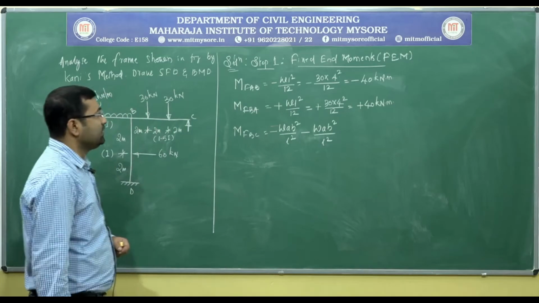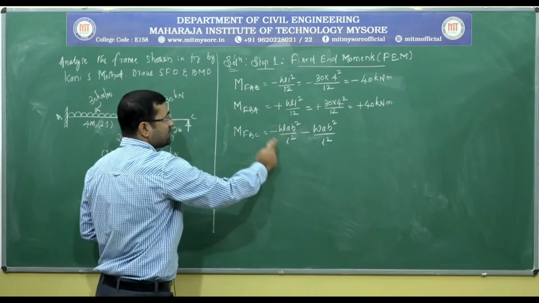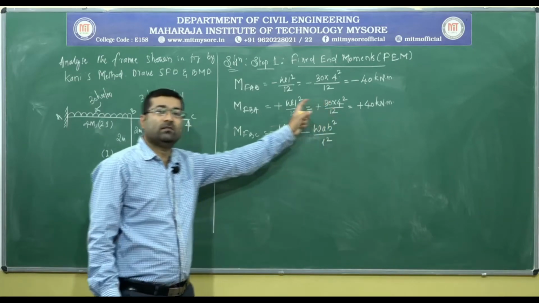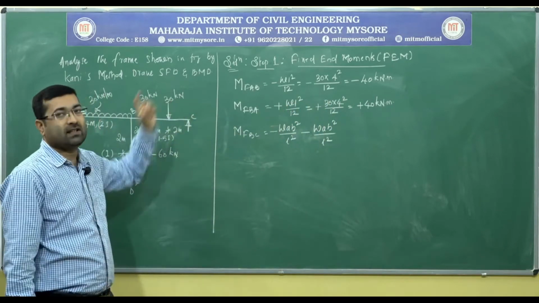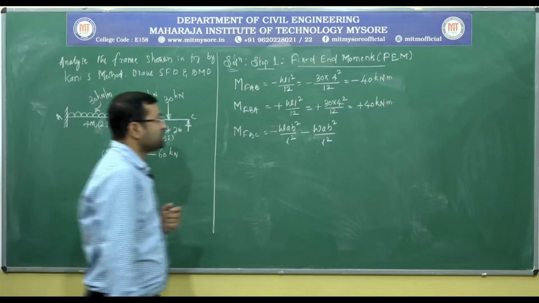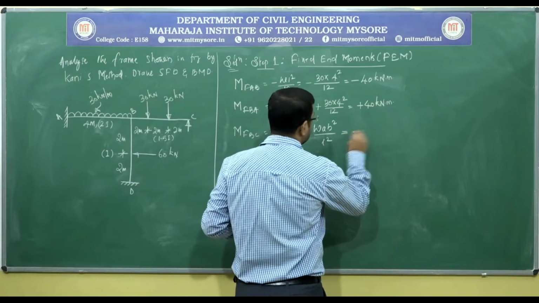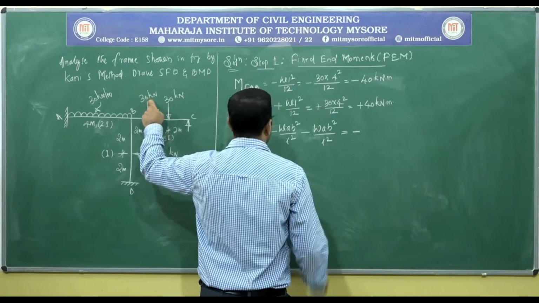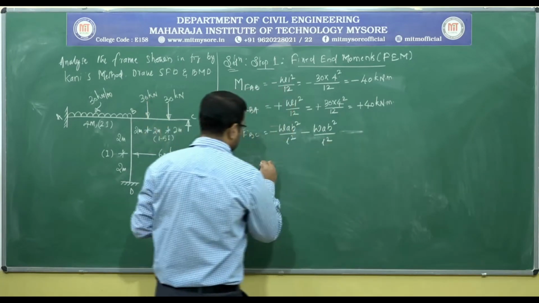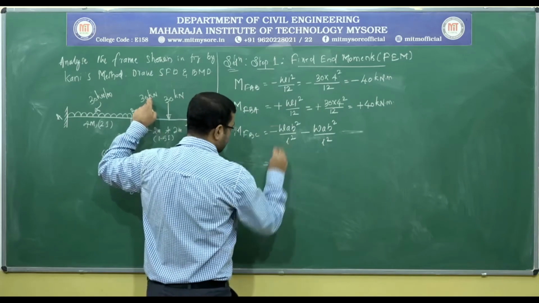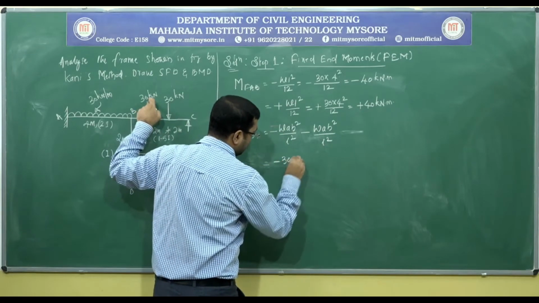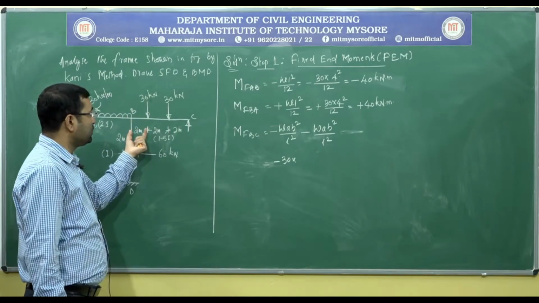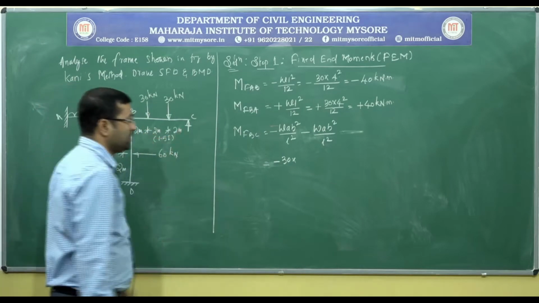The first term is related to the first 30 kilonewton, and the second term is related to the second 30 kilonewton. For the first, W is 30 kilonewton, the A value is 2 meter and B value is 4 meter.